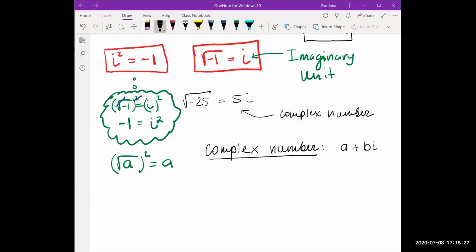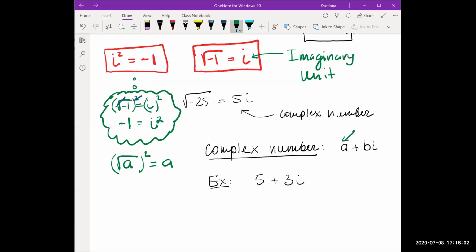Now, what is a plus bi? Let me give you an example of a complex number: 5 plus 3i. Even though you see two terms, this whole expression is one complex number. Complex numbers have two parts, and they have what's called the real part.